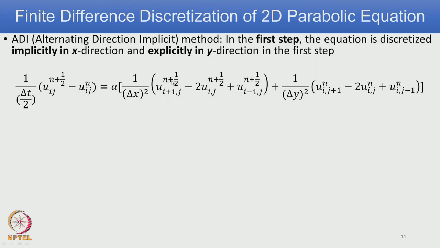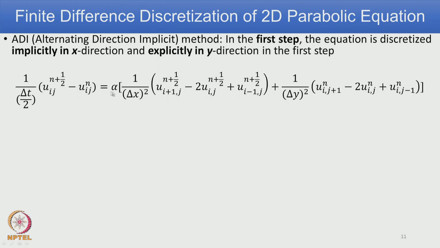So, we have n plus half as a superscript on terms corresponding to the second derivative dou squared u by dou x squared, still central in space, and it is explicit in y direction. Terms that correspond to y direction, that is dou squared u by dou y squared, you are evaluating central in space. So, we have j plus 1, j and j minus 1, but it is explicit in time, so we have superscript n appearing here.